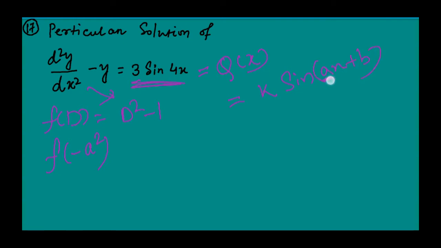So here a is 4, so minus a square is minus 16, so in the place of D square I have to put minus 16 minus 1, this is minus 17, which is also not equal to 0. So the particular solution is directly given as Q(x) by f of minus a square, which is equal to 3 sin 4x by minus 17. This is the solution.